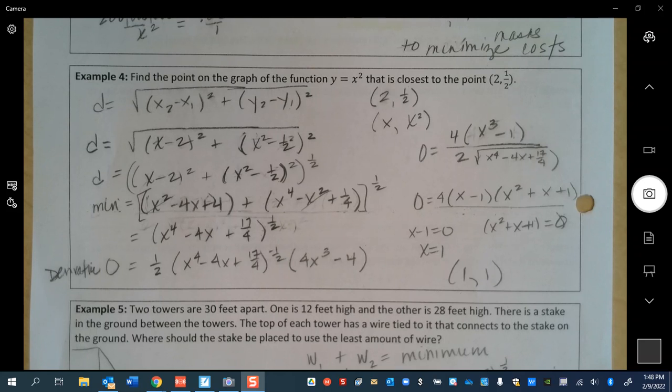So this is the difference of two perfect cubes, which factors into that. This is my easy factor. And this one, I don't know if you remember that from Algebra 2, but that was always prime, and you couldn't factor it, there were no real roots for that one. So that was never equal to 0. So that's what the point is.